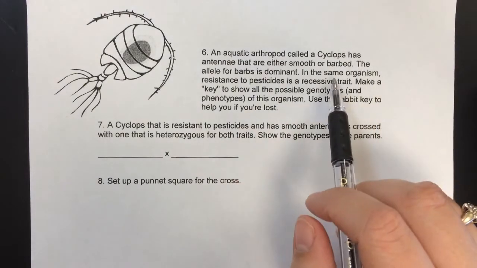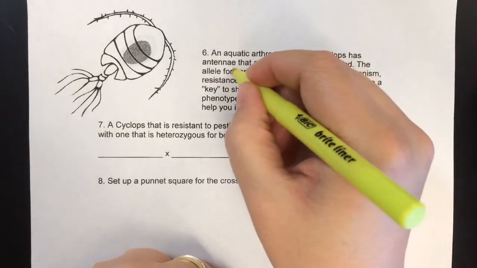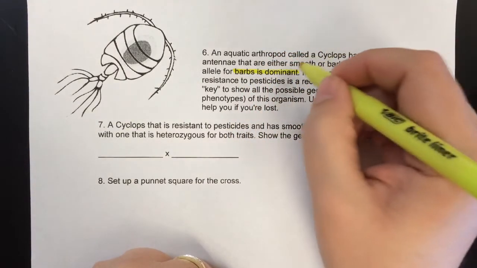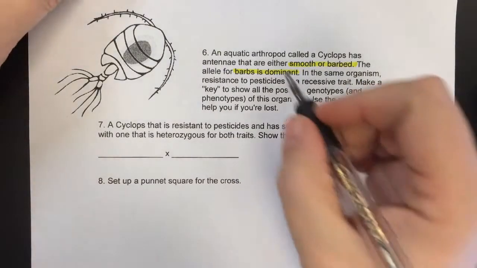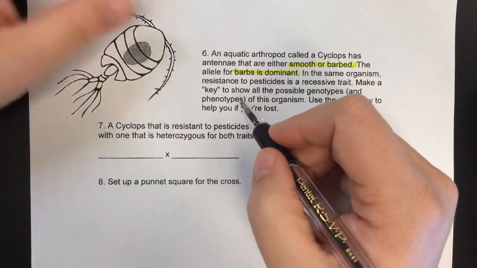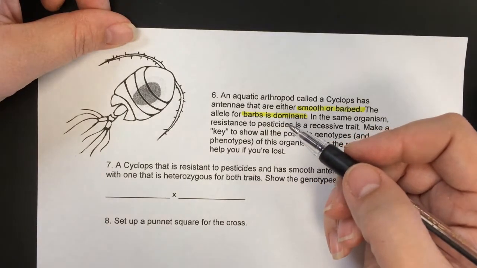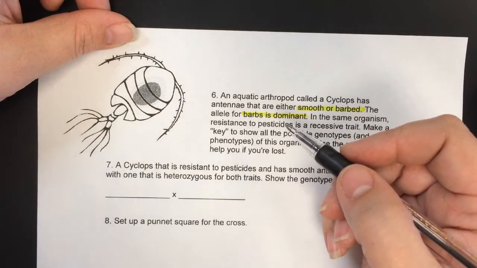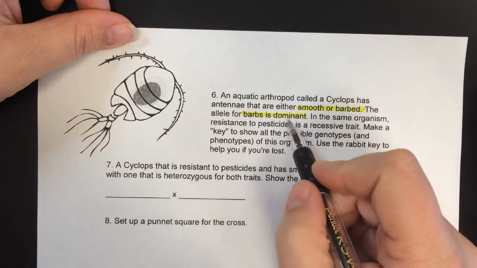So our first trait that we're looking at is the trait for barbs. And they're telling us that barbs is dominant, and we can either have smooth or barbed. And so if the dominant trait for that is barbs, the letter we usually choose is that of the dominant trait, and so for this one I'm going to use B. Now in all honesty, you can use any letter of the alphabet that you want, but the tradition is to use the letter of the one that's dominant.